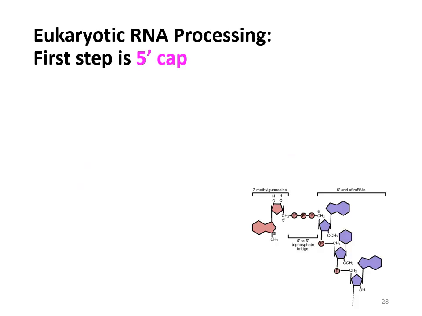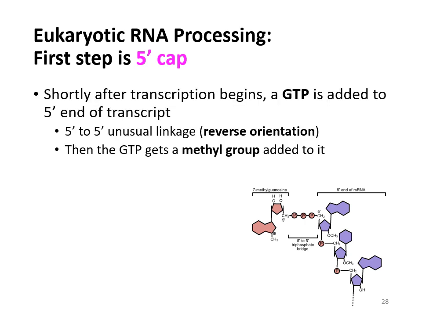So again, with eukaryotes, I want you to remember that they have to process their RNA, and this requires 3 different steps. The first step is that eukaryotes will add what's called a 5' cap, meaning that on the very beginning of the RNA, they will add this little reverse orientation GTP.